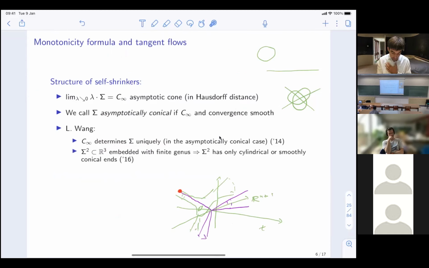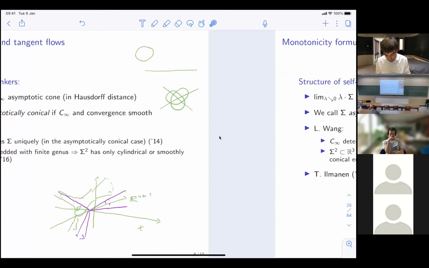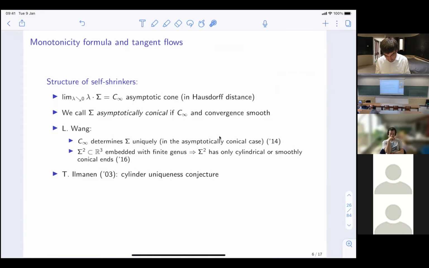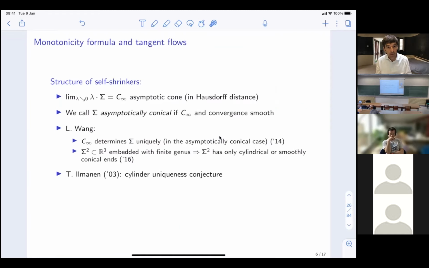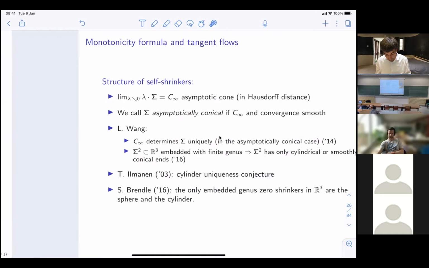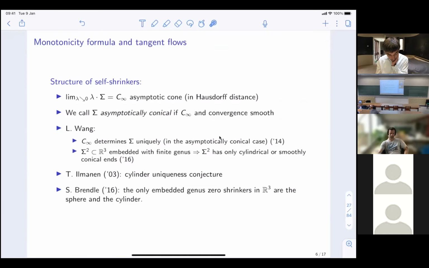But it turns out this case is much more degenerate, so the asymptotics are much, much harder. Several people have tried. Lu Wang has a result with very strong asymptotics, but it seems to be a very hard result to prove. But it's conjectured that you can't have cylindrical ends if you embed it in dimension 2, if you're not only the cylinder.